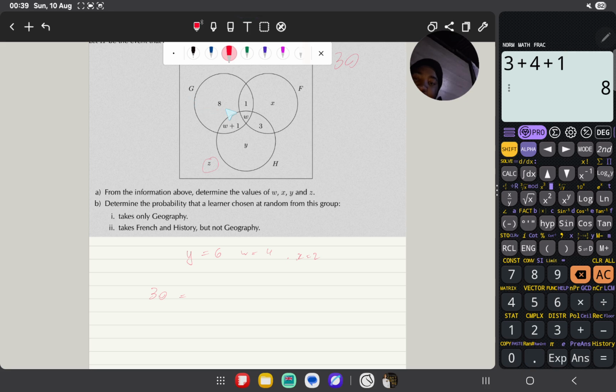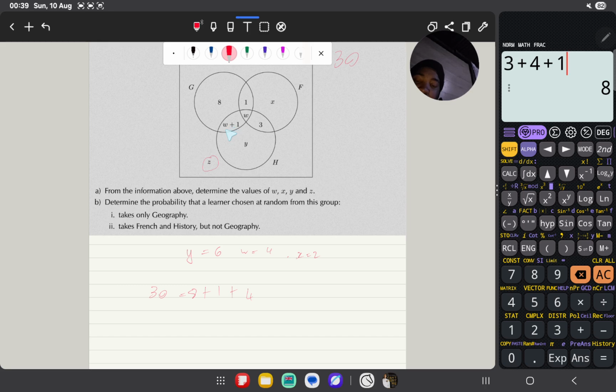I'm going to start with this circle, 8 plus 1 plus, I have w here, but I know w is 4, so I'll say 4. And then here it's w plus 1, so that is 4 plus 1, so I'll write plus 4 plus 1, right? So I'm done with the circle.